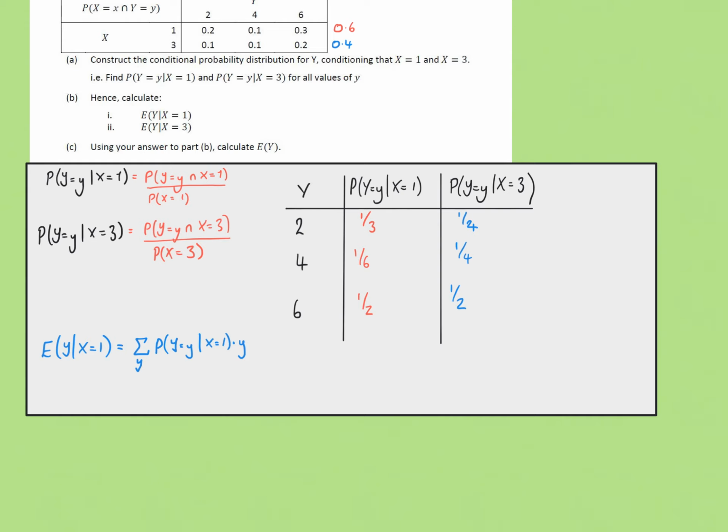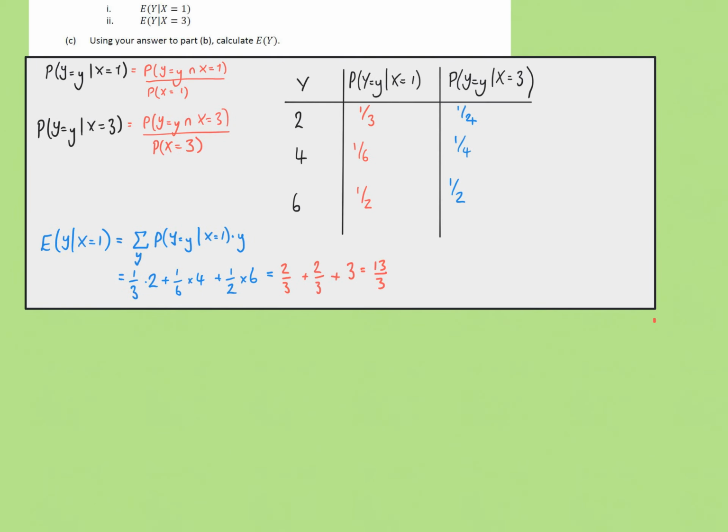In this example, this is a third times 2 plus a sixth times 4 plus a half times 6, which is equal to 2 over 3 plus 2 over 3 plus 3, which is equal to 13 over 3.